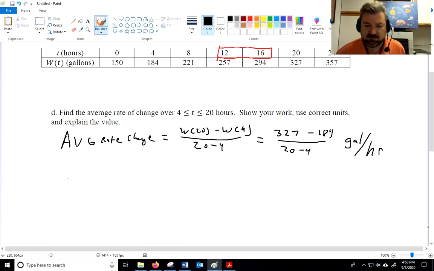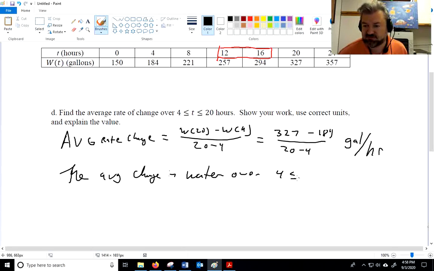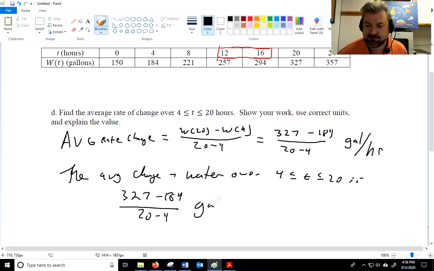Okay, what does that mean? The average change in water over 4 less than or equal to T less than or equal to 20 is this value. I can write it again, I guess. That's the meaning of my answer.